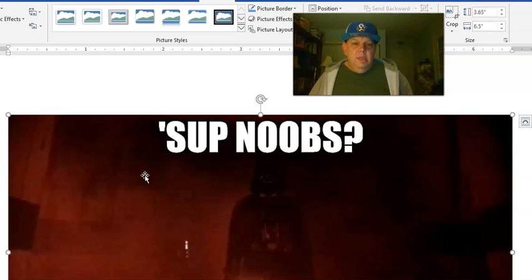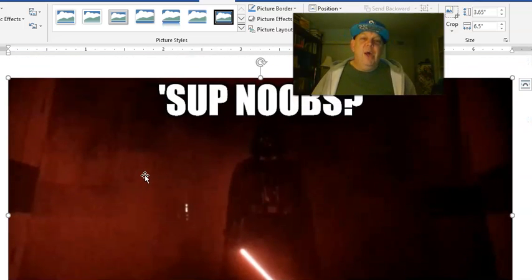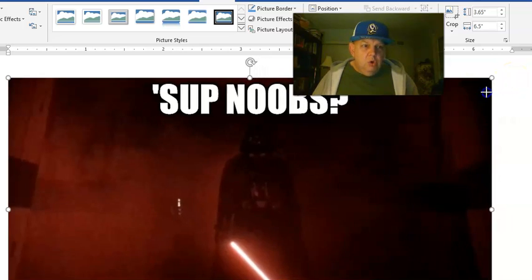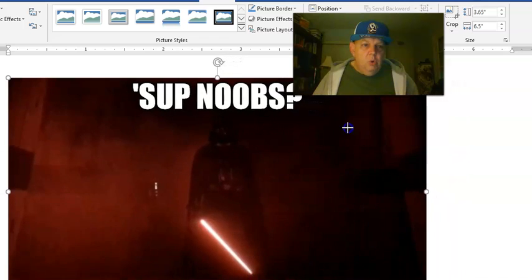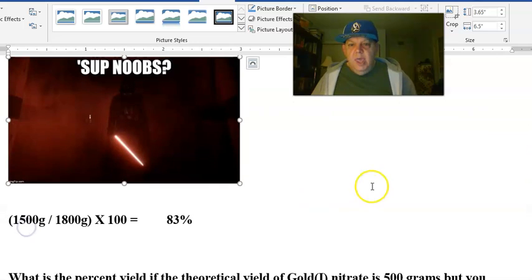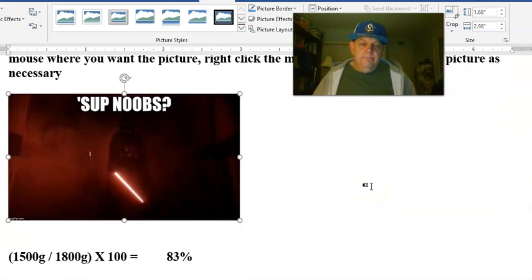And you'd say, that's a pretty big picture. Yeah, it's a very awesome picture. Now if you notice, the picture's kind of big. How do I solve that? Well, you can take your cursor, go to the corner there, click and hold, and then drag, and you notice how the picture gets smaller.